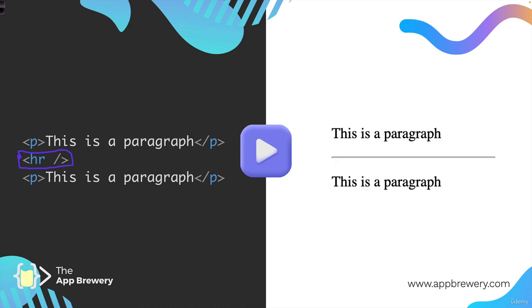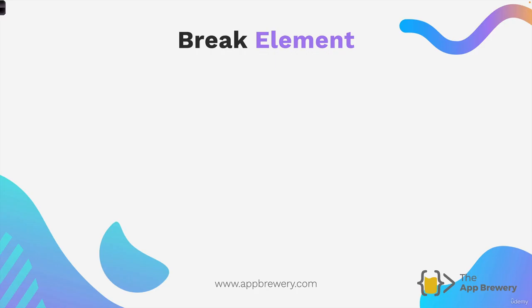When we run this code or when we view it in a web browser, this is what you would see. You would see the first paragraph, the second paragraph, and then you would see this horizontal rule, or basically a horizontal line where the HR element would be in that document. Now, the horizontal rule is not the only void element. Another common one you'll see is the break element, and it looks like this.